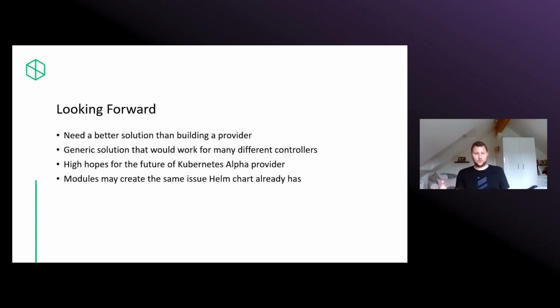There might be other controllers out there that people would opt to deploy with Terraform rather than Flux. So there is a large need to come up with some sort of solution to enable this type of use case, and Flux would probably be the most extreme use case out there, as it has to integrate with Git, and you have to commit things with Terraform, which really doesn't make anything any simpler.